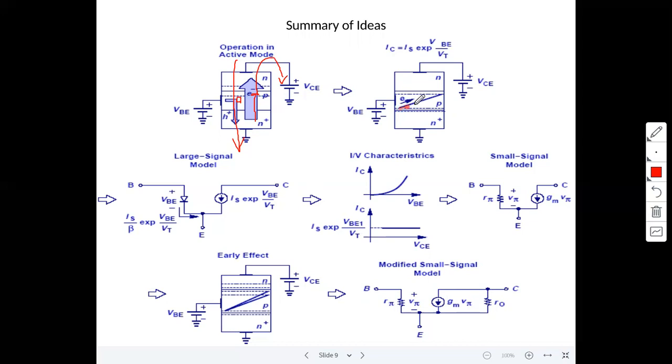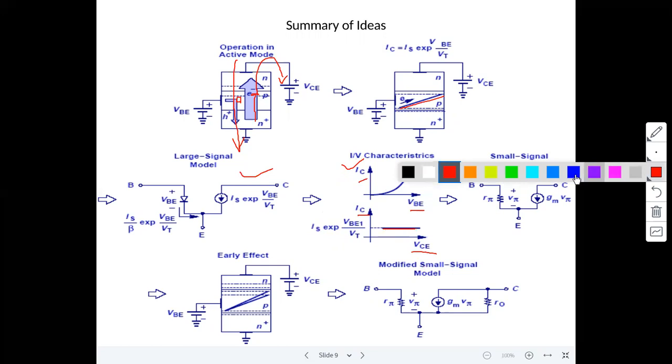This is the electron density profile, this is the large signal model, and these are the VI characteristics in CE configuration, VBE versus IC, and these are the output characteristics. Without early effect, we are considering Is into e power VBE by Vt, which is a constant.